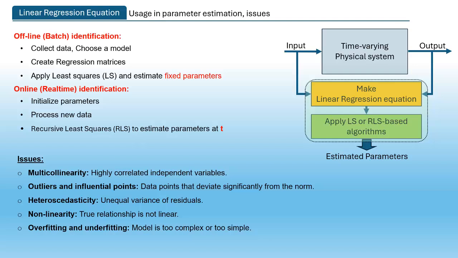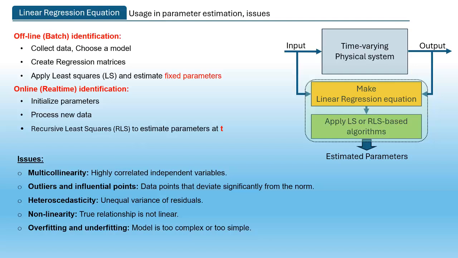The next issue might be heteroscedasticity. This occurs when the variance of the residuals, the difference between observed and predicted values, is not constant across different values of the independent variable.